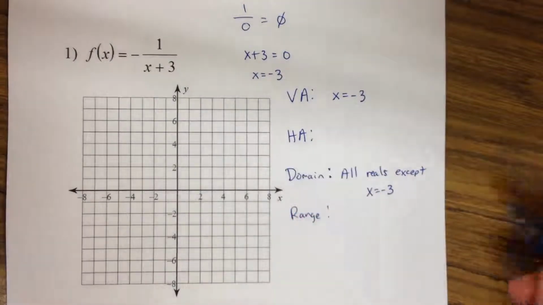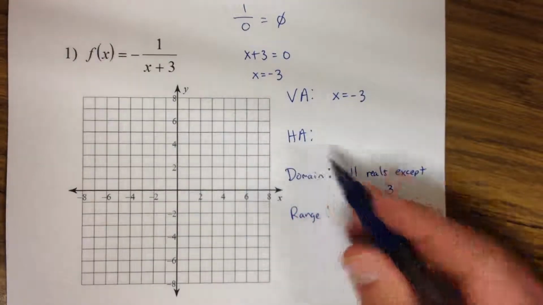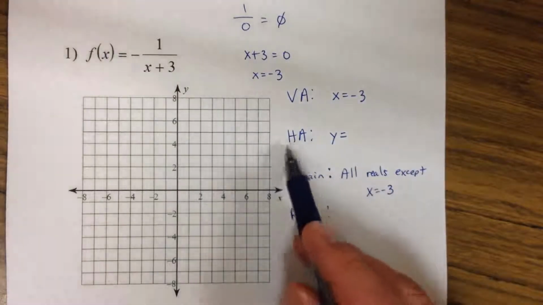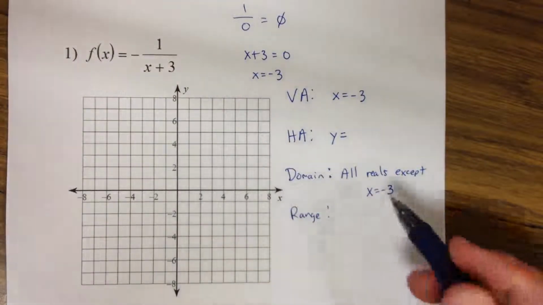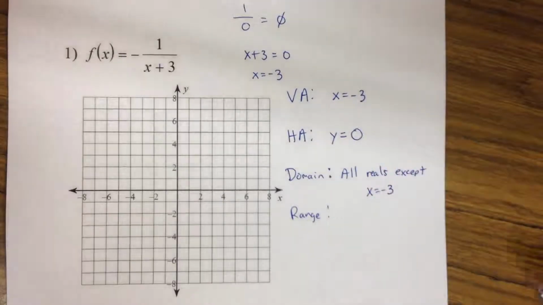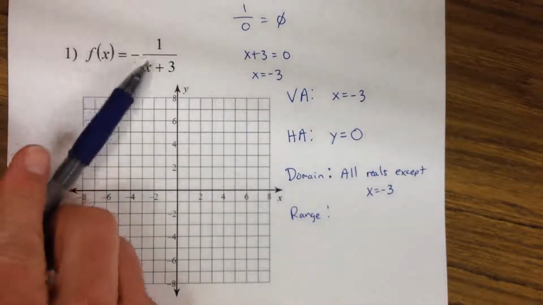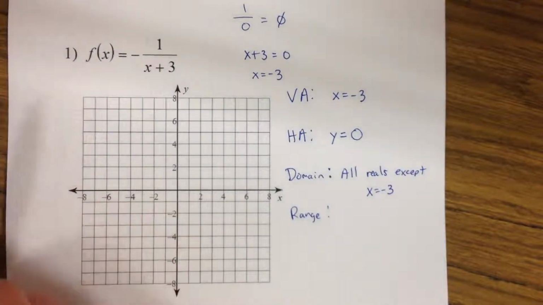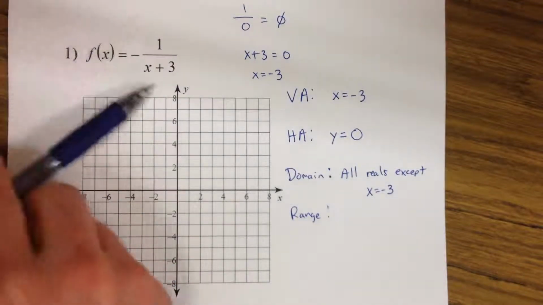Okay, by the same token, your horizontal asymptote is y equals 0 in this case. Think about this. It's impossible to make this 0 down at the bottom. It's always going to be a number.